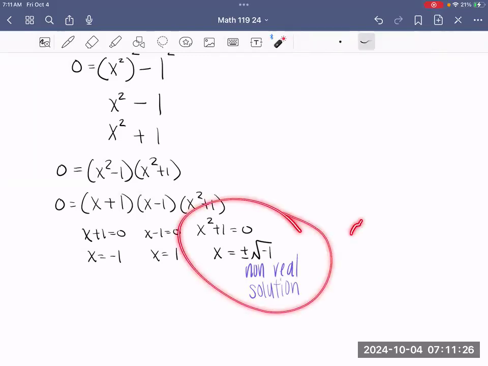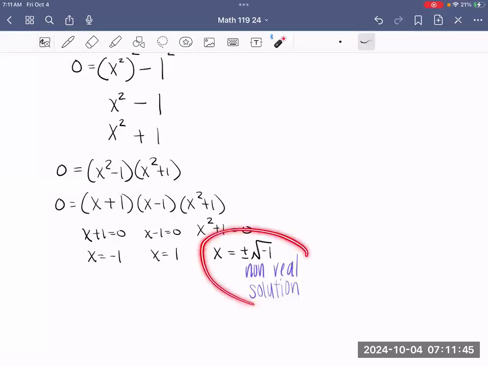This is kind of just going to give us a little cusp at your graph here. However, excuse me, we're not graphing these non-real solutions. So these are the only two that we would go ahead and graph.